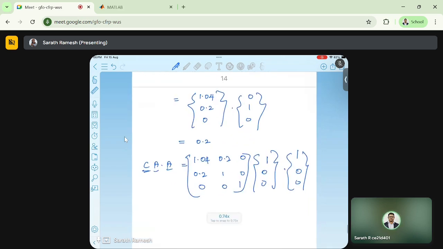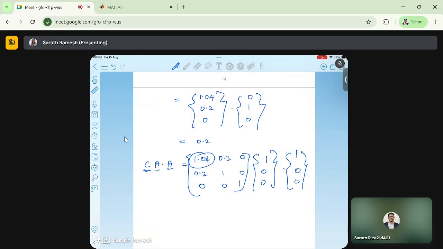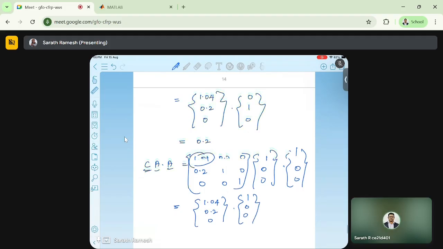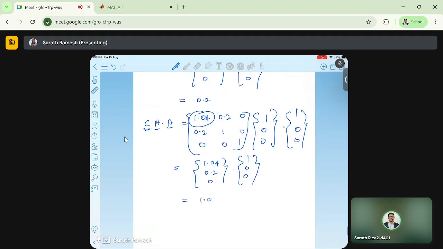So this will give us this element. Let's again multiply: 1.04, this is 1, 0, 0, so it will give us the first column, dotted with 1, 0, 0, which gives us 1.04.